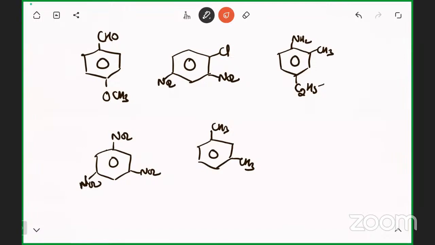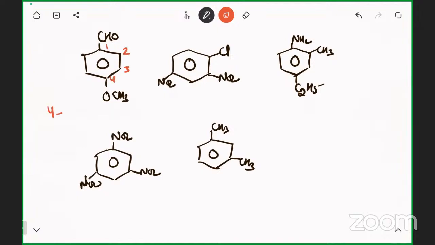4-anisole benzaldehyde, sir. See, first look at the priority order. CHO has more priority, so you do the numbering 1, 2, 3, 4.